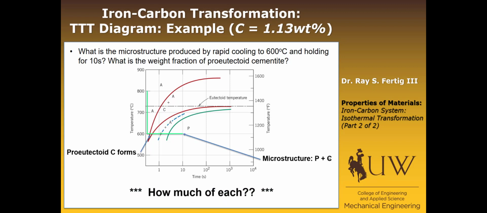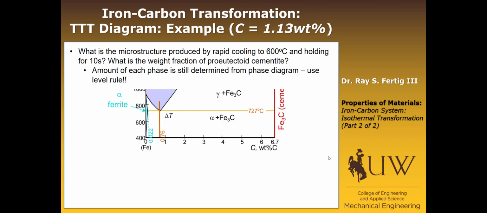We want to ask that question, and this is actually an easier answer than it seems. To solve this, we just go back to our lever rule. The amount of each phase is still determined from our phase diagram. Remember, we're at a composition of 1.13 weight percent carbon, so we locate that on our phase diagram and draw a tie line just like we've done before.